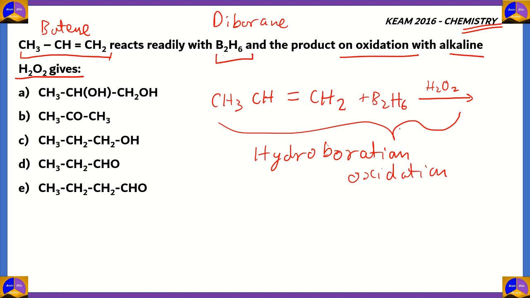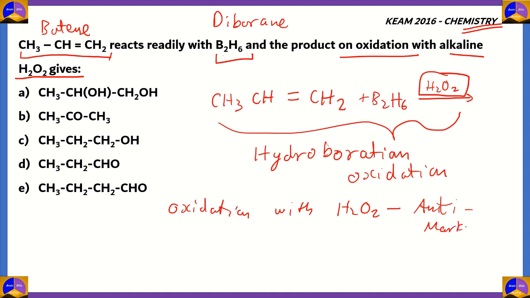So it goes into an alcohol group or a carbonyl group. Now notice that the product on oxidation with alkaline H2O2 gives... Now, when you're talking about oxidation with H2O2, that is quite special. The reason being, it follows the anti-Markovnikov rule.